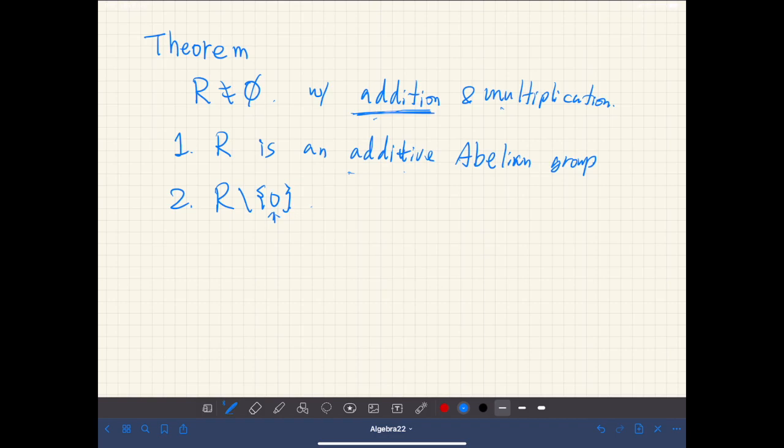So this is the identity element of this additive abelian group. Except for this element, this set is a multiplicative abelian group. And three, the distributive laws hold.